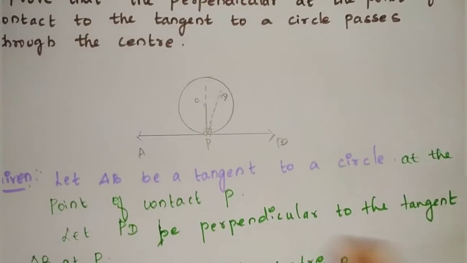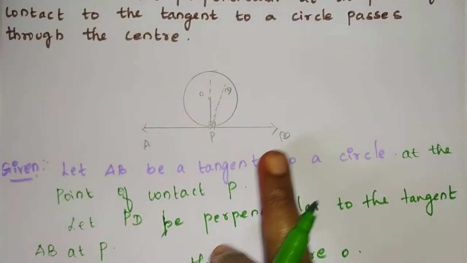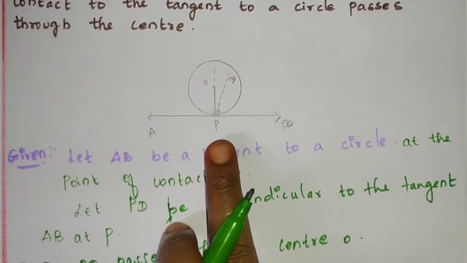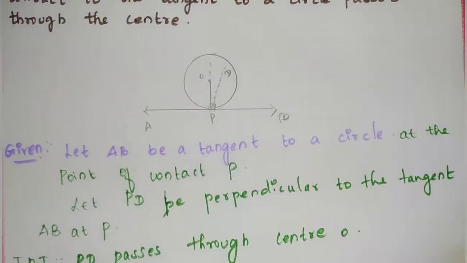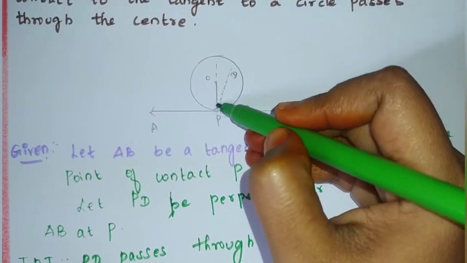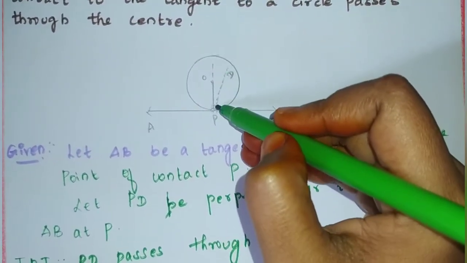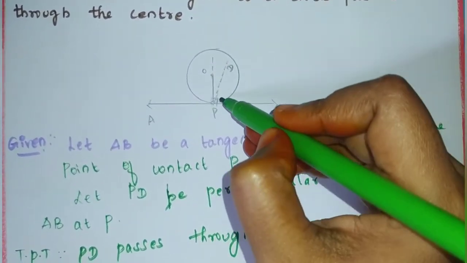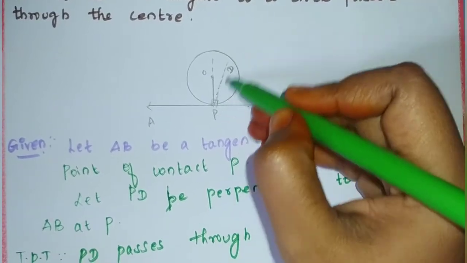Clear, children? AB is a tangent to a circle at the point of contact P. Let PD be perpendicular, actually this line must lie on OP only. Just for consideration, I have drawn like this.